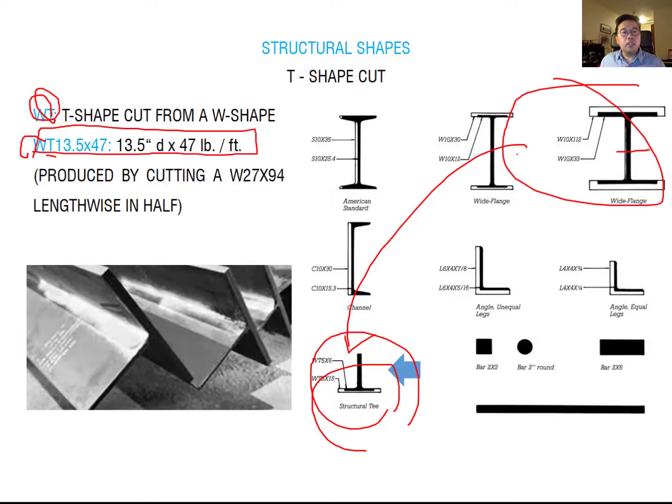It's pretty similar to the wide flange. This 13.5 is the dimension here, but 47 is the weight of this member. Okay, so this member is produced by cutting W27 by 94, which is the half of this dimension. So remember WT is half of the wide flange.